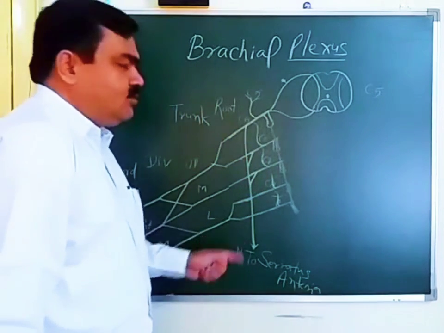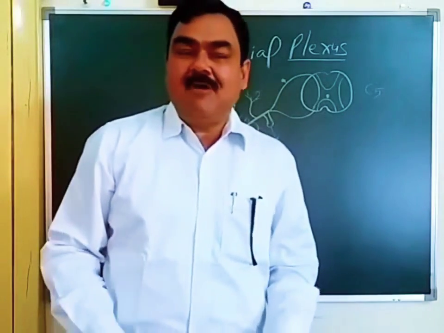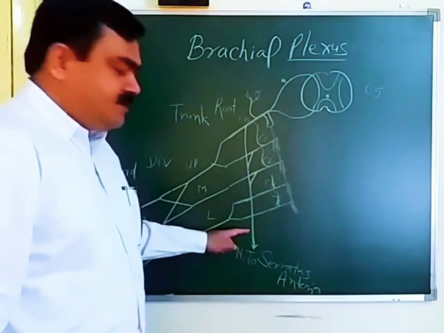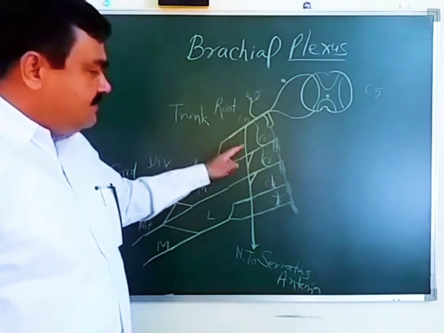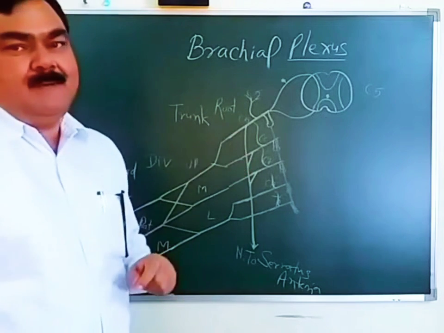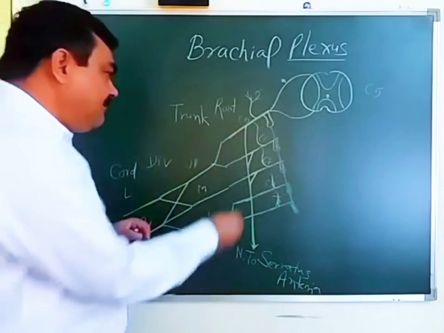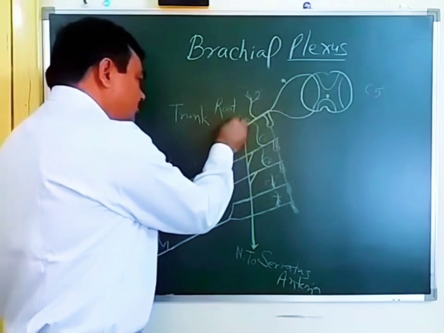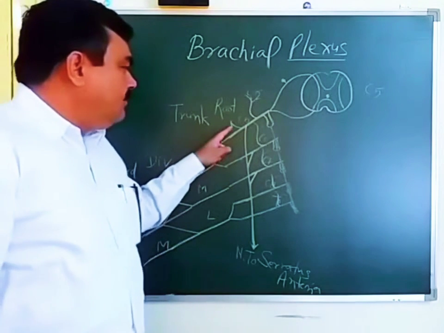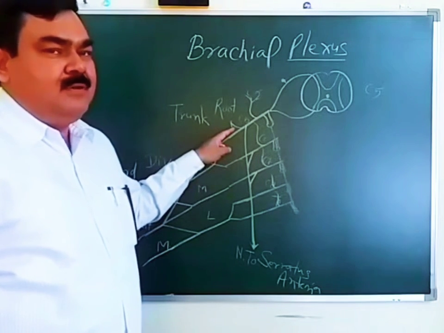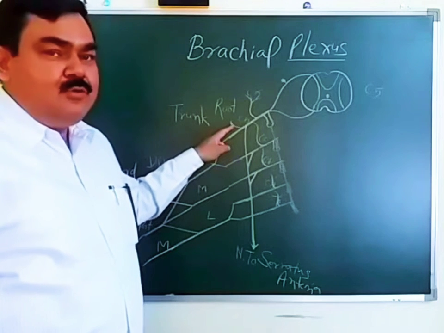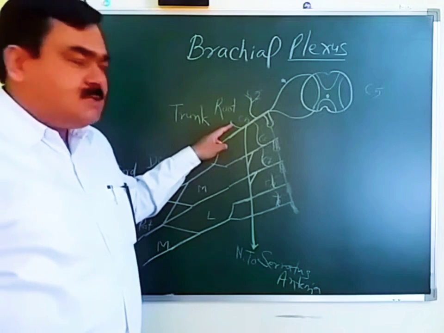This is also known as the long thoracic nerve of Bell. It is formed by the roots of C5, C6, C7. And the root of C5 also gives one nerve, that is the nerve to rhomboideus or dorsal scapular nerve.